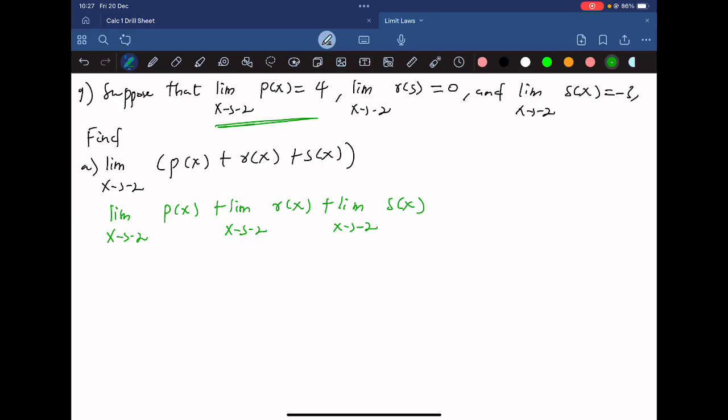That is what the question gave us over here. So we have 4, then 0, and then plus negative 3. So this is just positive 1.